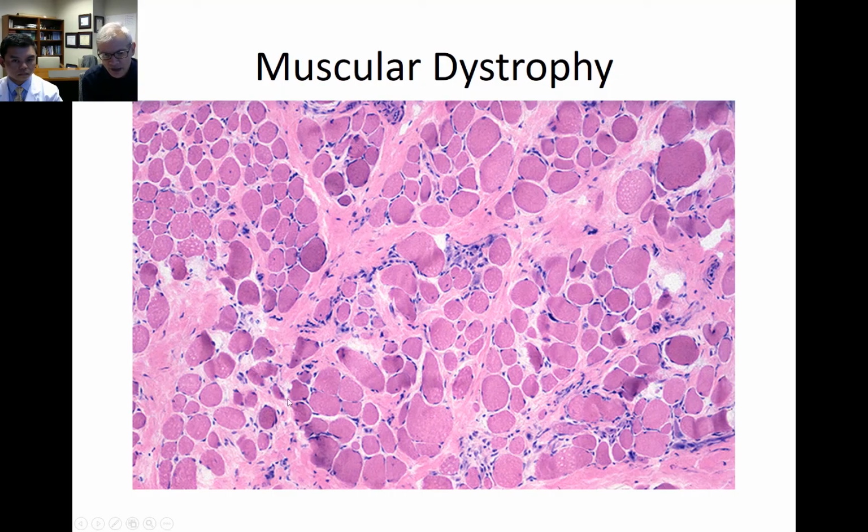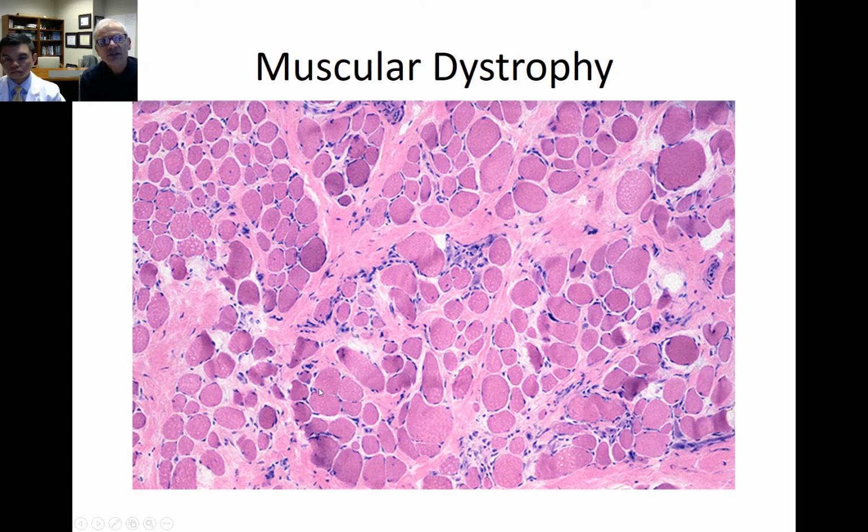And we have the perimysium. Now you can see that the fibers are of variable size. There are really large hypertrophic ones to compensate for these atrophic ones, which are rounded and kind of entrapped in this increased endomysial connective tissue. There are basophilic ones that represent regenerating ones because some of them got injured.